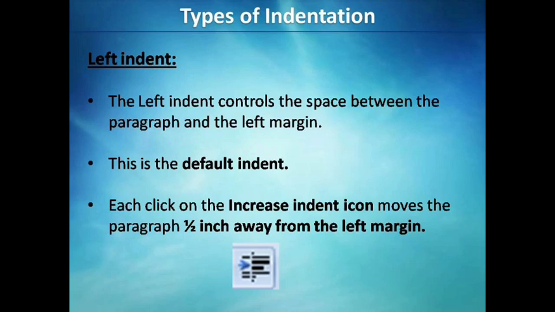From the blue color right arrow, you can easily identify this icon. For each and every click, the paragraph moves half inch away from the left margin. We may click this icon any number of times.